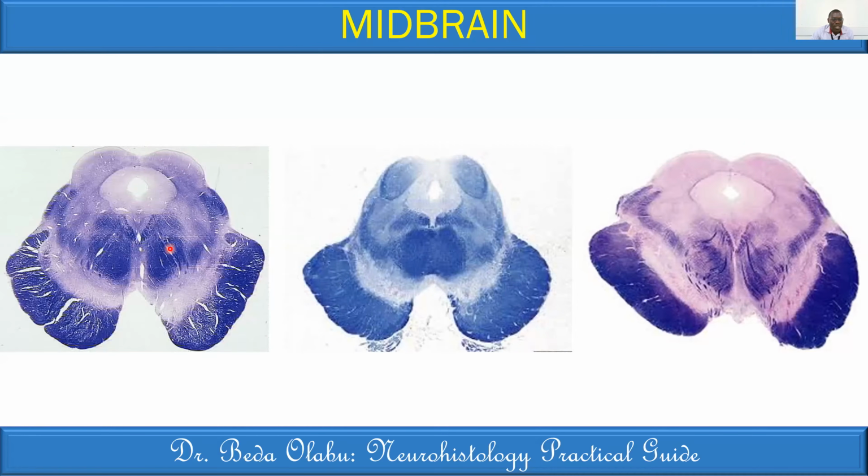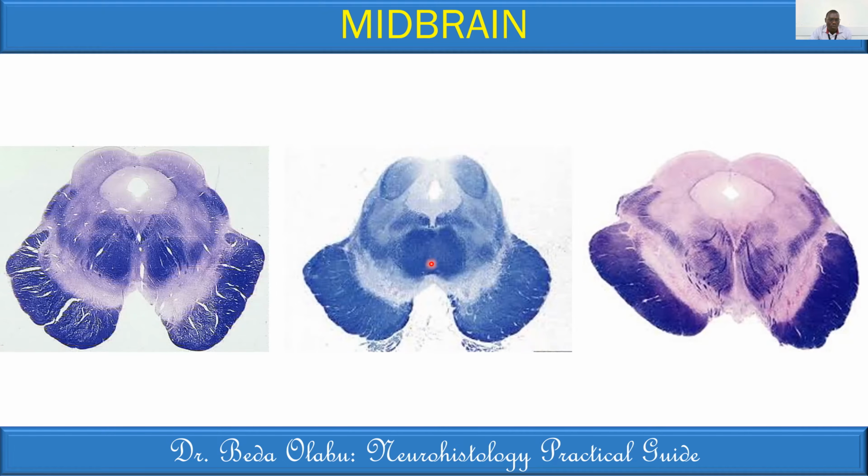This is the level where you expect the red nucleus to be. And now mark something. You can see that this one and this one are slightly separated by something here. But when you compare the second one, this one and this one are not separated.